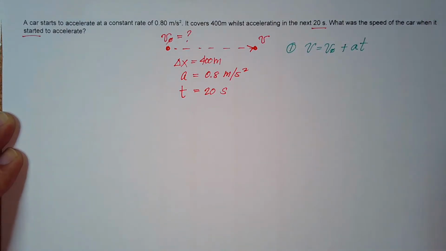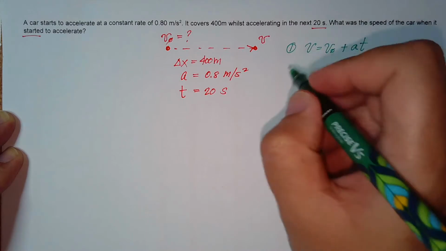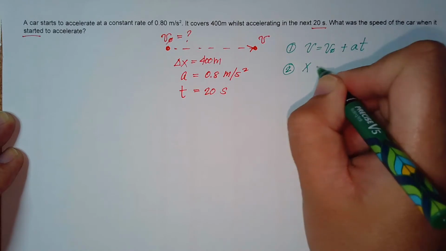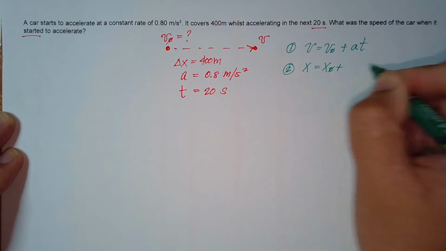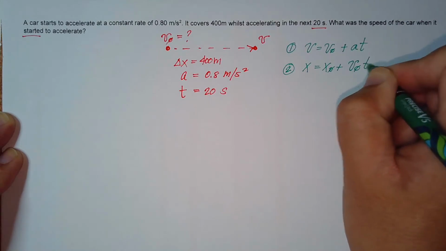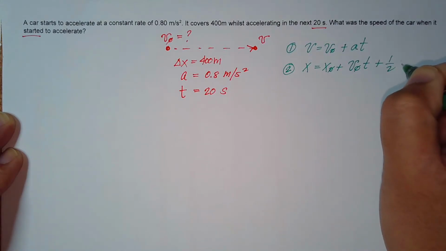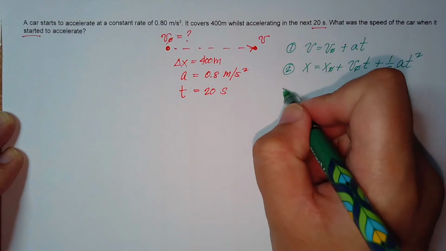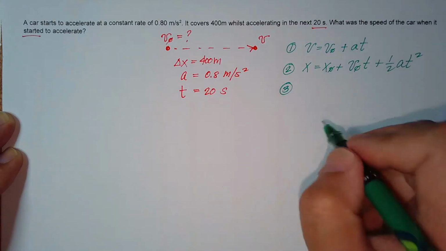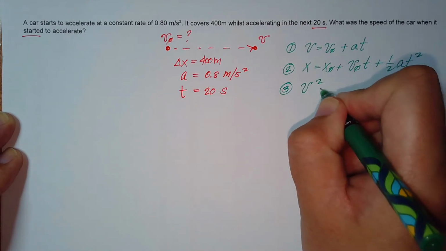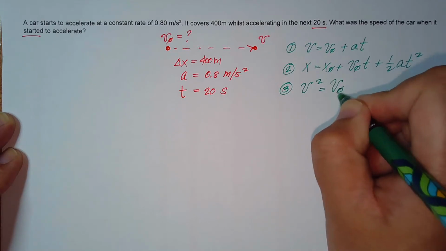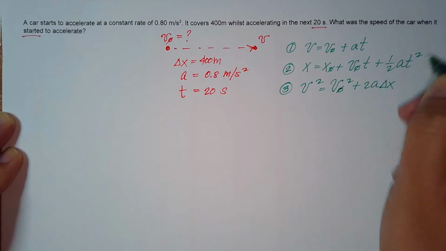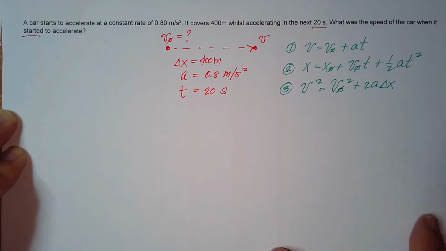The second equation is x equals x naught plus v naught times t plus 1/2 a t squared. The third equation is v squared equals v naught squared plus 2a delta x. Those are the three equations I can use.